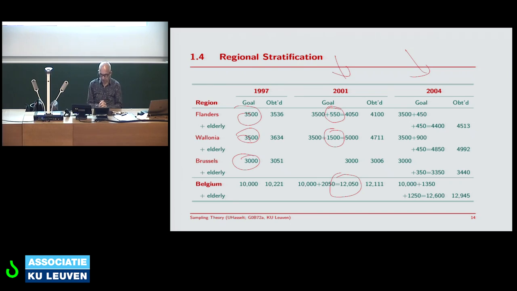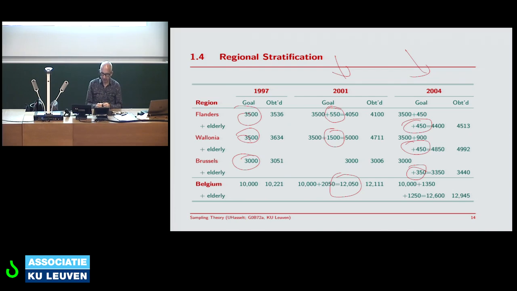And then in 2004, it became even more complicated because there was a further increase by 450, 450, and 350 respectively for the elderly sample. So the elderly stratum was oversampled now. Why? In that year, there was the European Survey on the Health in the Elderly Population.